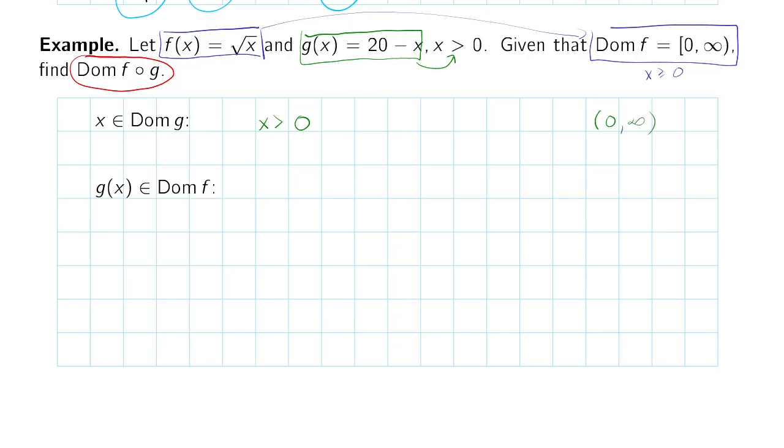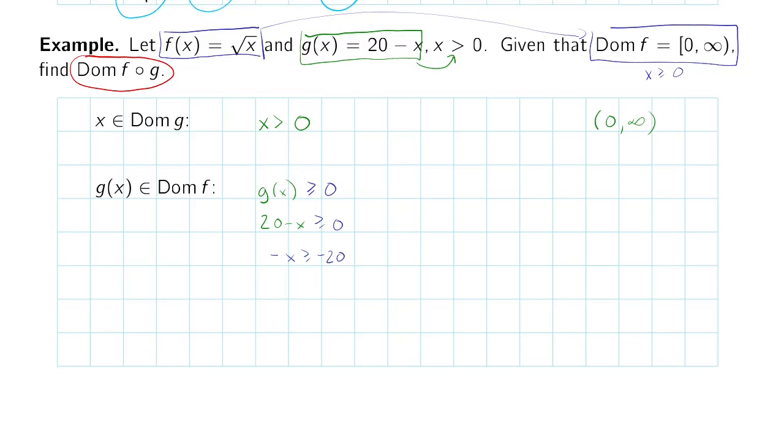What about g of x being in the domain of f? Well, that means that we need to have g of x greater than or equal to 0. Well, g of x is 20 minus x. So we need to have 20 minus x greater than or equal to 0. We know how to solve that. We'll subtract 20 on both sides, negative x greater than or equal to negative 20.